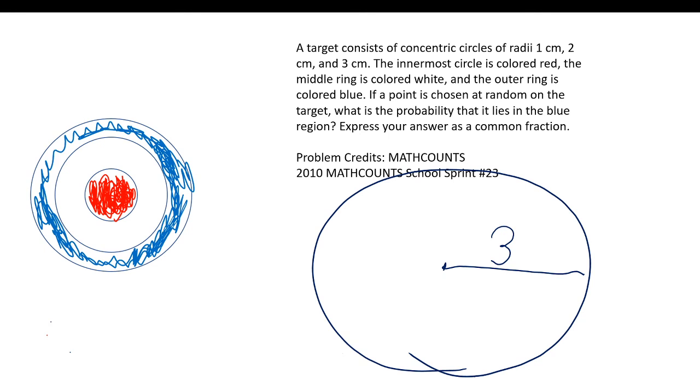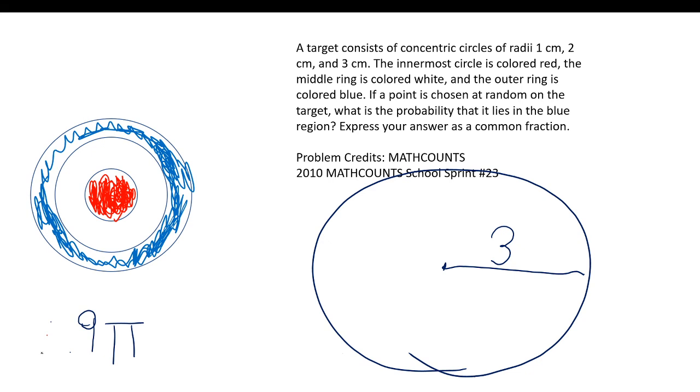So we need to measure the area of this. Now that's just pi r squared. We take pi multiplied by the radius, but we need to square the radius. 3 squared is 9. We get pi times 9, which is 9 pi.